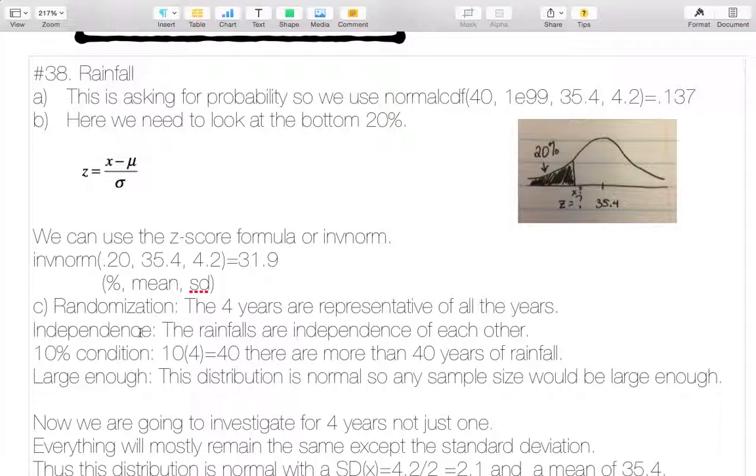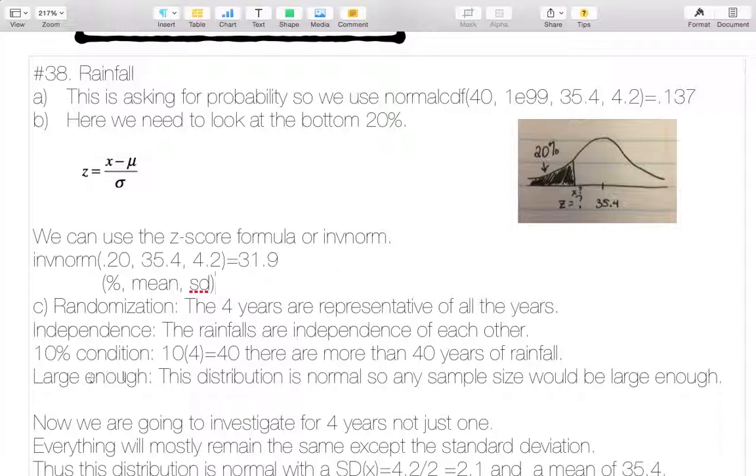They're not anything special. Independence, this is obvious that the rainfalls are independent, meaning that one year's rainfall doesn't have an effect, doesn't cause the probability to change for the next year. 10% condition. There's more than 40 years of total rainfall, so obviously my sample size isn't too big.